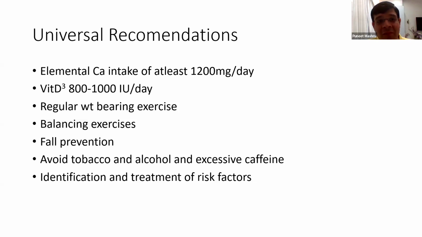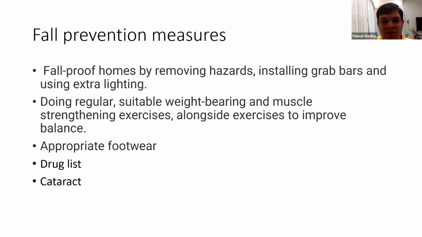Fall prevention is extremely important because whatever treatment we give, in the end, the goal of treatment for osteoporosis is fracture prevention. So in these patients, fall prevention includes things at home. Maximum falls happen in the bathroom, so installing grab bars, using lighting at night time, doing regular weight-bearing exercises, because as we age, the muscle mass starts going down.